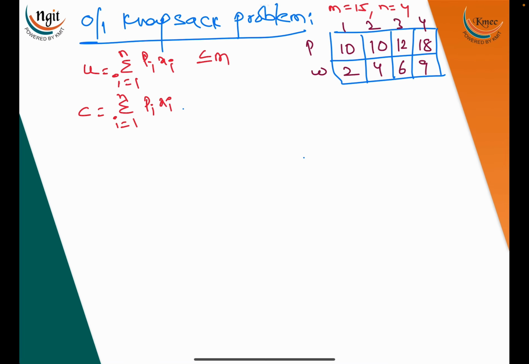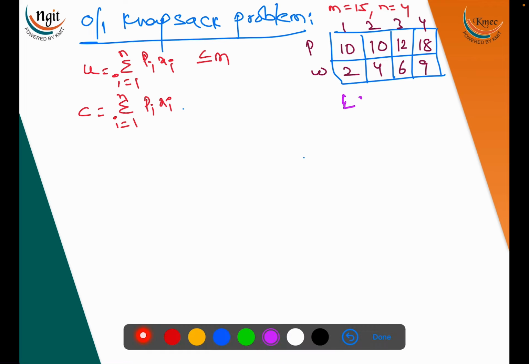Now, I'm going to generate a state space tree, and here I'll be using LCBB. What do you mean by LCBB? Least cost branch and bound method. In the previous video on branch and bound, we discussed that there are 3 different strategies to generate a state space tree in the branch and bound algorithm.